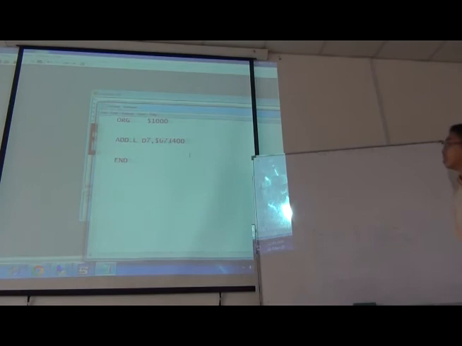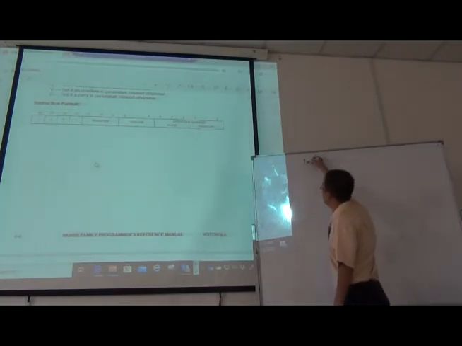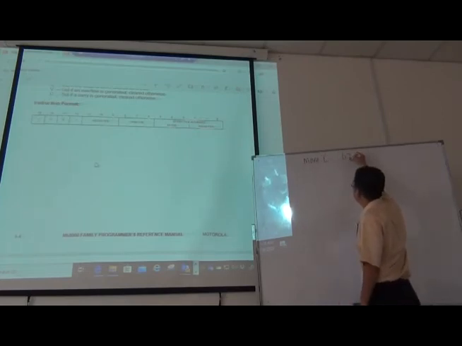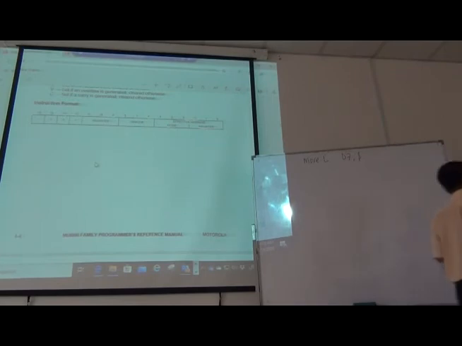Again, what we have to look at is the data sheet. The data sheet says the first 4 bits are a permanent number. Just now the instruction is add.l, D7 to $673400.